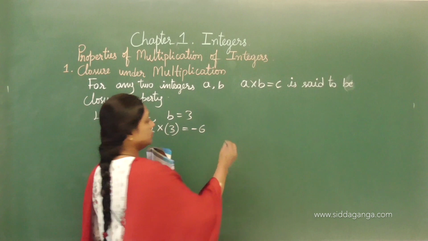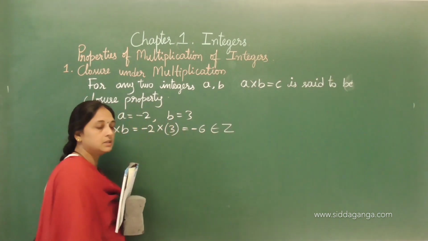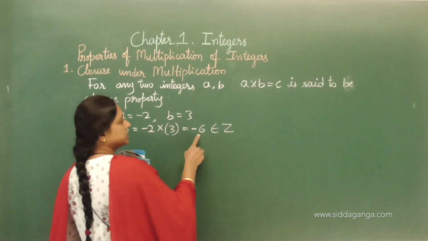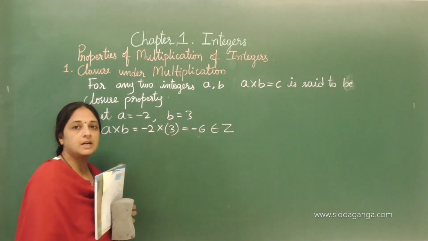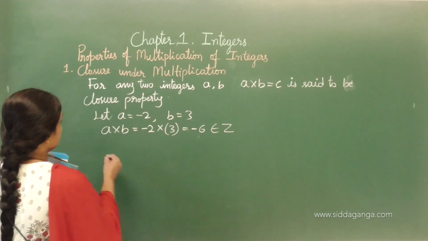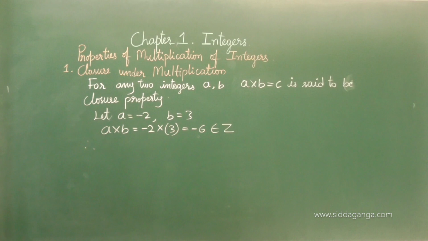Minus 6 belongs to integers, we write it like this, minus 6 belongs to Z. So that minus 6 is also an integer, then it satisfies the closure property. Therefore it's closed under multiplication.